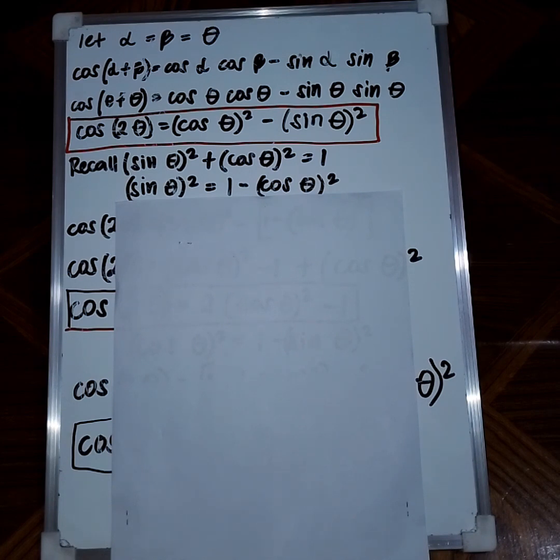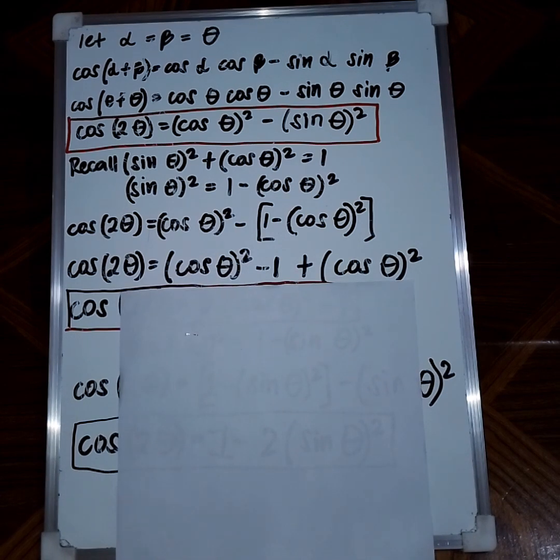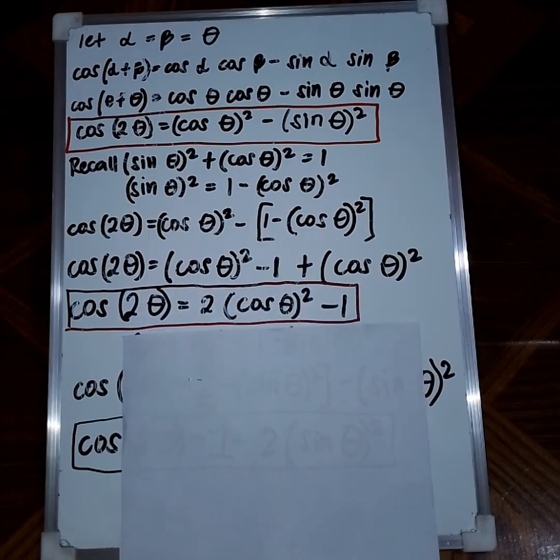So, mula doon sa cosine 2 theta, pwedeng gawin ito na cosine squared theta minus, open parenthesis, 1 minus cosine squared theta. Evaluating the minus sign, so pwede natin gawin itong cosine squared theta minus 1 plus cosine squared theta. Combining like terms, cosine 2 theta equal lang din kay 2 cosine squared theta minus 1. So, ito ang pangalawang form.